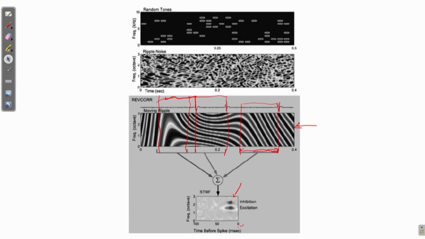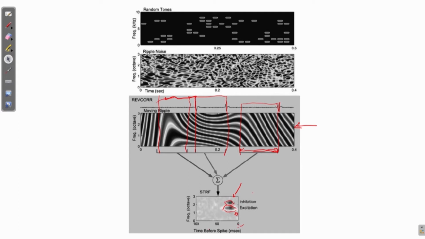That means the neuron weighs this particular frequency with an excitation, in the past up to 30 milliseconds with a short latency between 0 to maybe 10 milliseconds, and another frequency on the side.